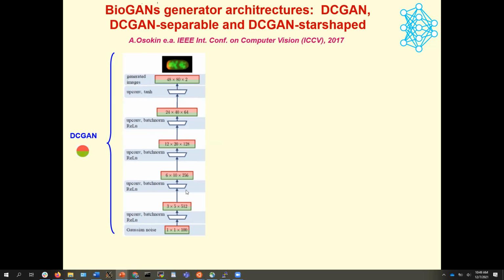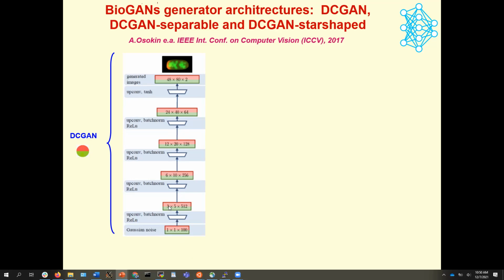The network shown here is basically the same generator as I showed in the previous slide, but redrawn in a slightly different form. Here, the data flows from the bottom up. At the bottom, we have input noise of size 100, and then through a number of transposed convolutions, we generate new tensors.